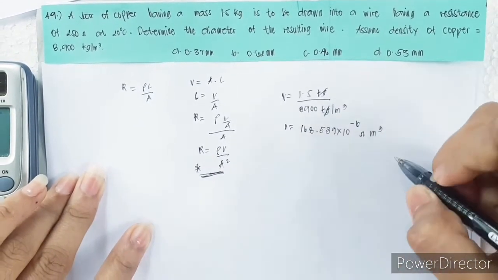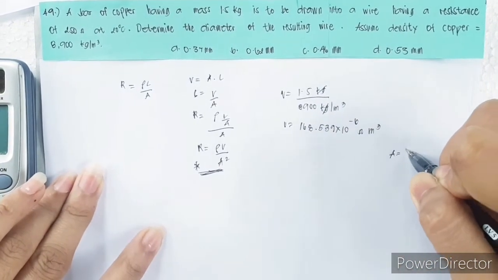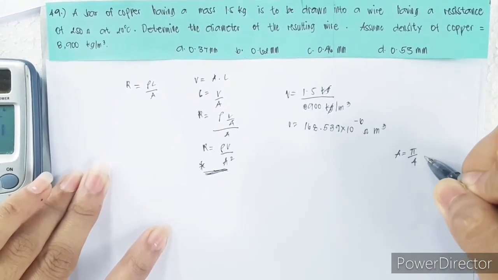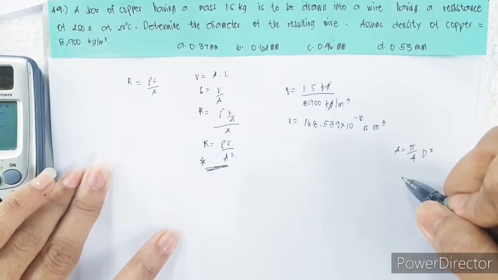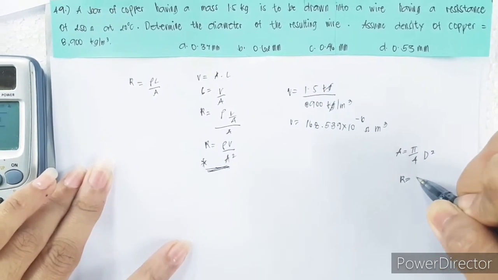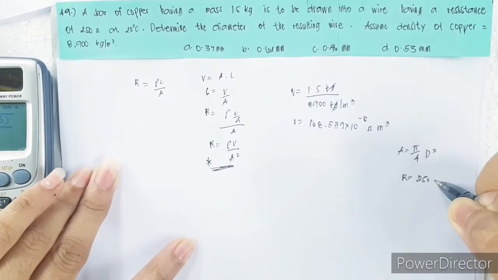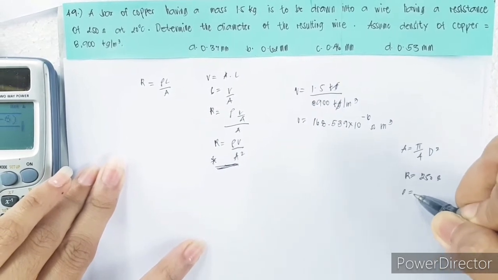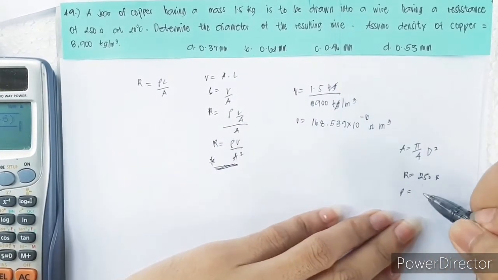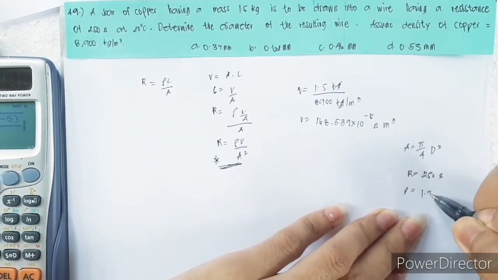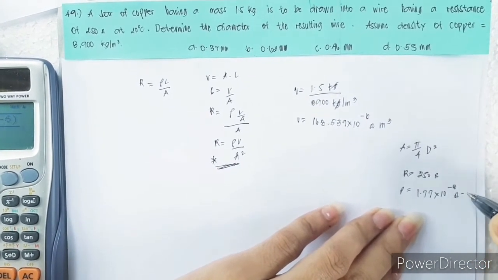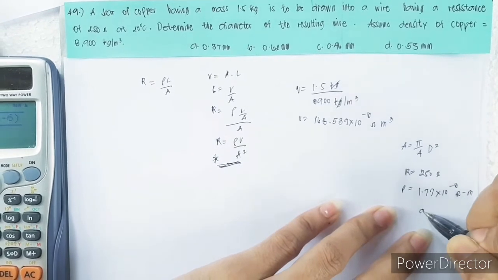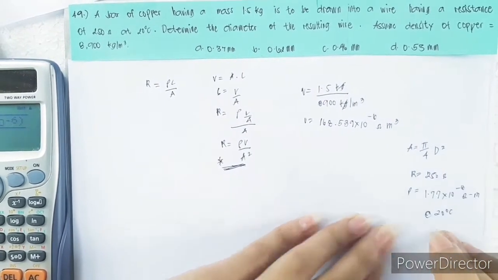But before that, let's write the formula for area. And the given resistance is 250 ohms. And the resistivity of copper at 20 degrees Celsius is 1.77 times 10 to the power of negative 8 ohm per meter. That is at 20 degrees.